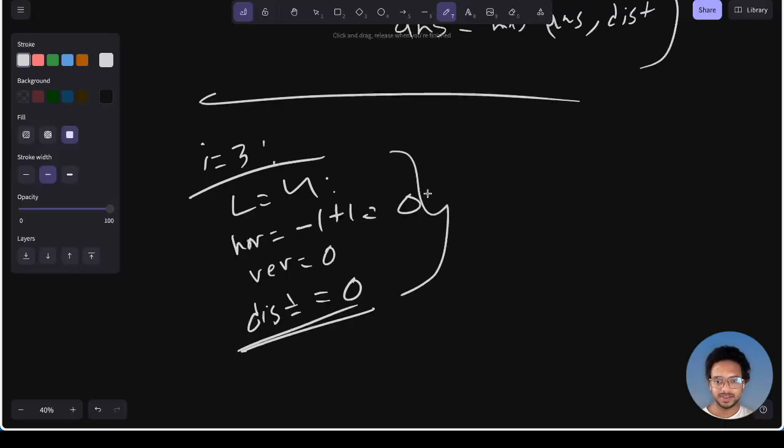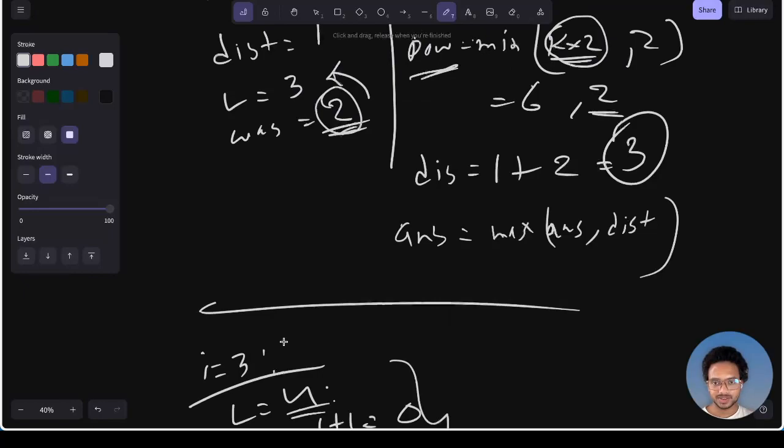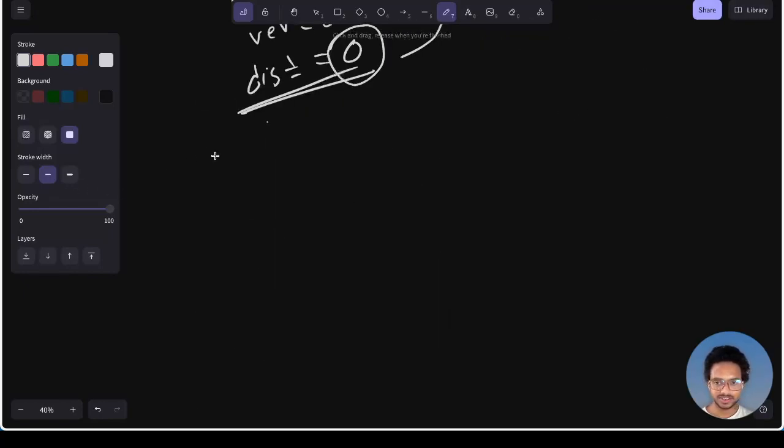Now my length should be 4, but the distance is 0. So here I am wasting length, which is 4, minus distance 0, a wasting value of 4.